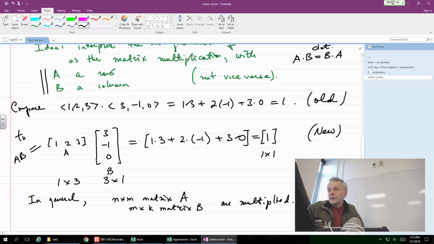As you can see, the dimensions have to match. Why do they have to match? Because we only know the dot product of two vectors when these two vectors have the same dimension. Here both of the vectors have dimension 3. If one is 3 and the other one is 4, that's not working. They'll be missing, they won't be a match for one of the elements.